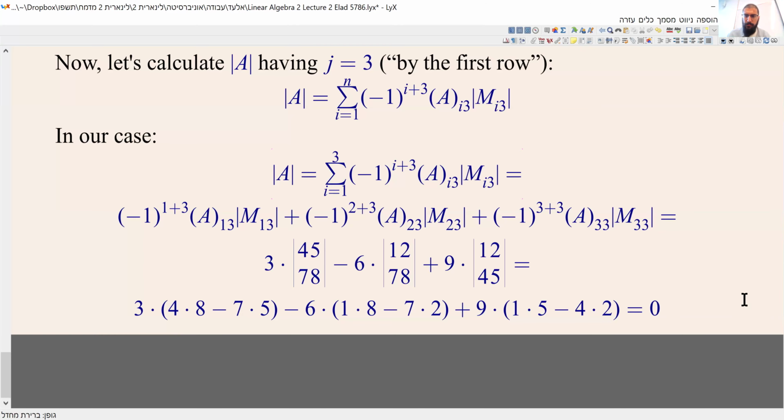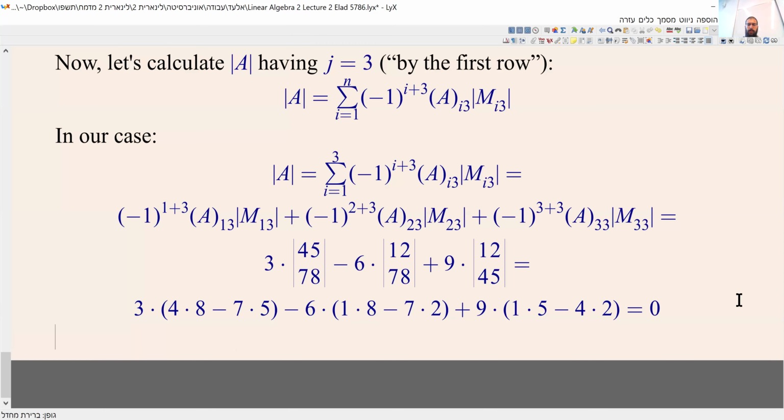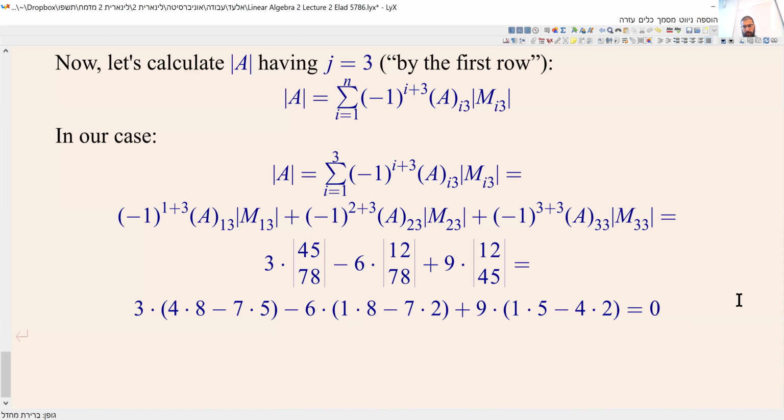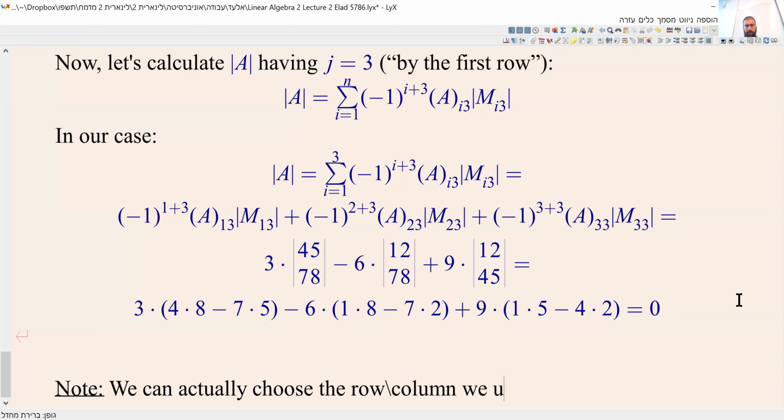So now, let's note the following thing. We can actually choose the row or column we use to calculate the determinant.